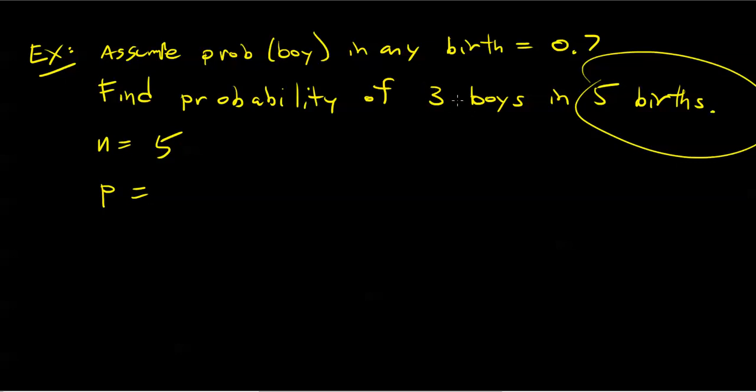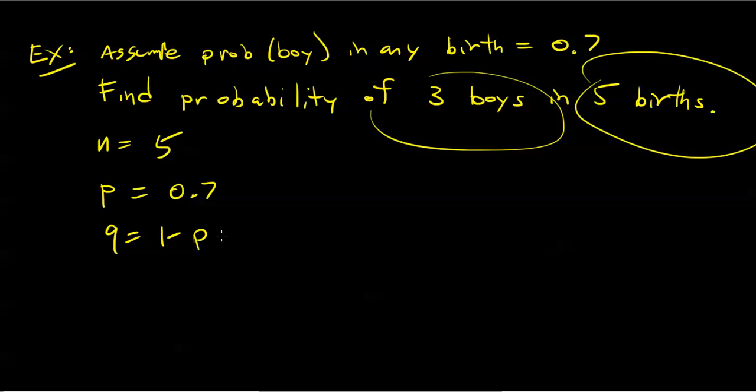Now you're calling a boy a success here, so the probability of success is 0.7. Q is always 1 minus P because there's only 2 outcomes per trial, and my X value, the actual number of successes I'm looking for, is 3.